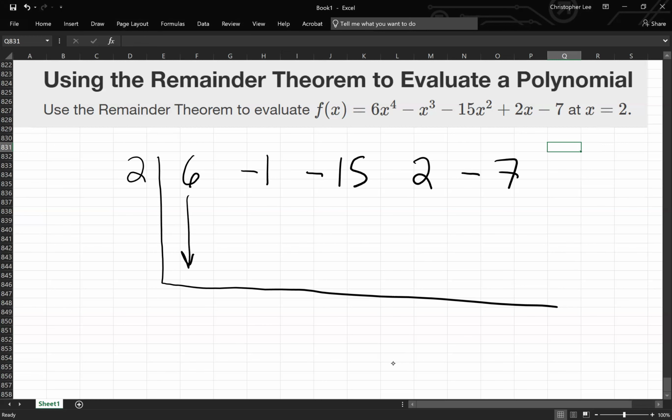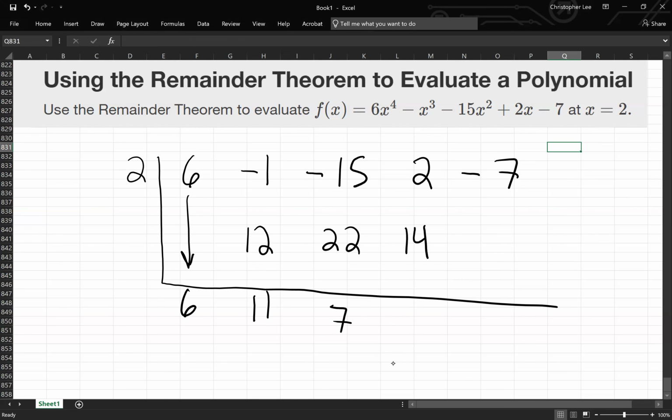Bring down the first term, right? So now 2 times 6 is 12. Now, negative 1 plus 12 is 11. Now, 2 times 11 is 22. Now, negative 15 plus 22 is what? It's 7. Good. Now, 2 times 7 is 14.